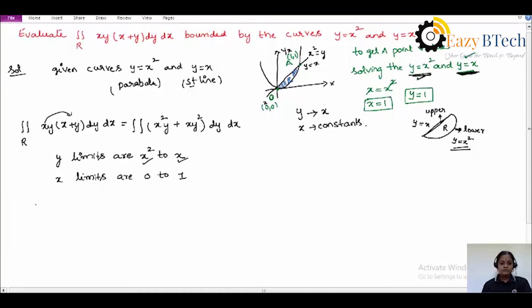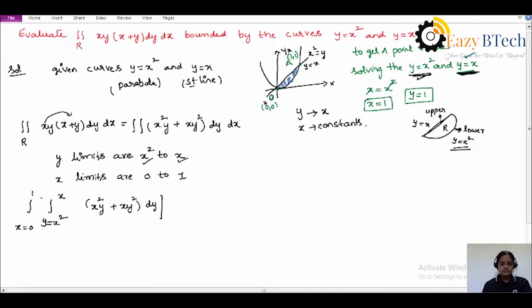Now I am substituting the limits, y from x² to x and x from 0 to 1, with the integrand x²y + xy². Because the y limits are functions of x, it is compulsory to first integrate with respect to y.